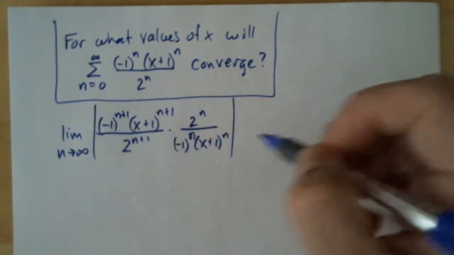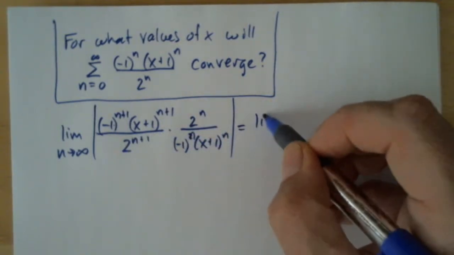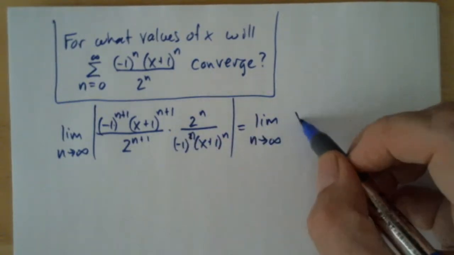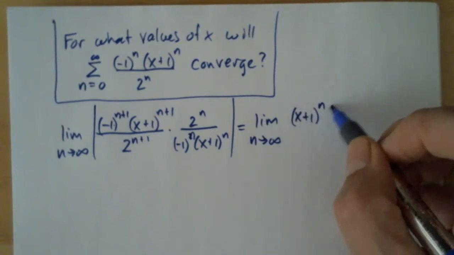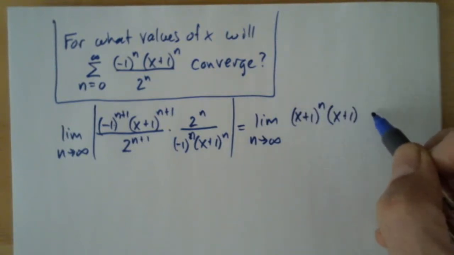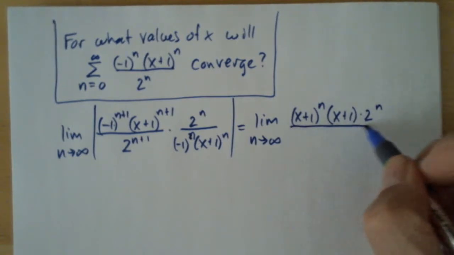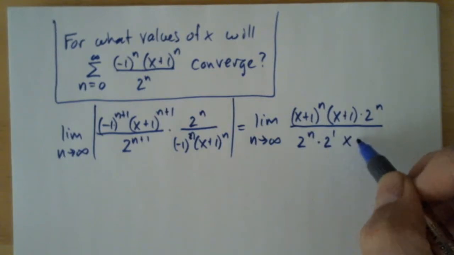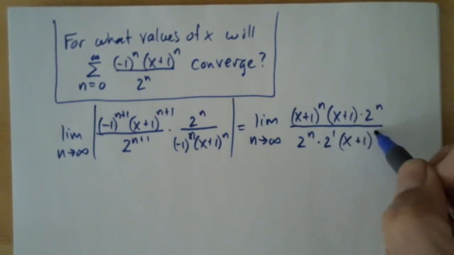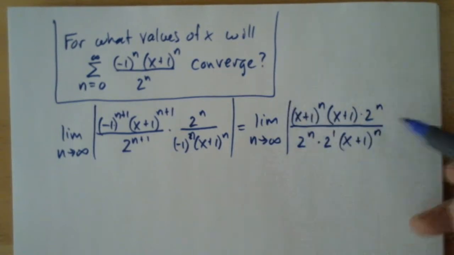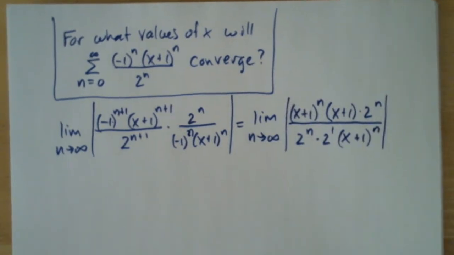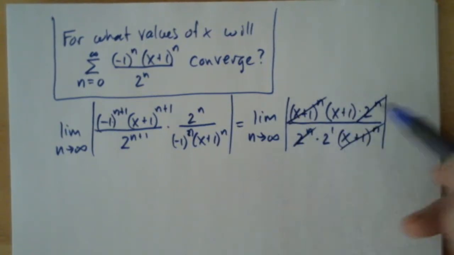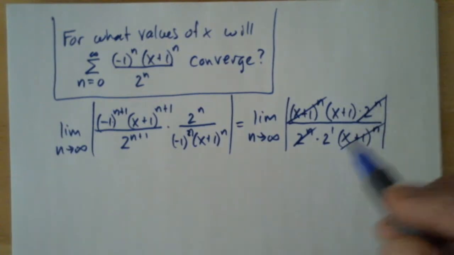We don't have to worry about the negative anymore. And then let's break up these exponentials. So we can cancel, and we're left with x plus 1 over 2.